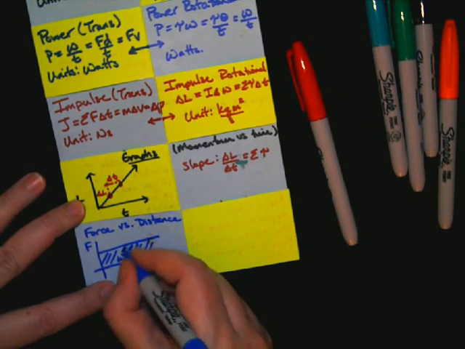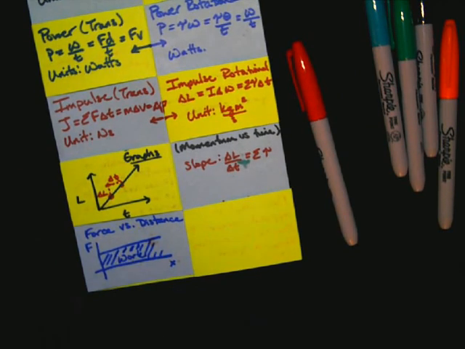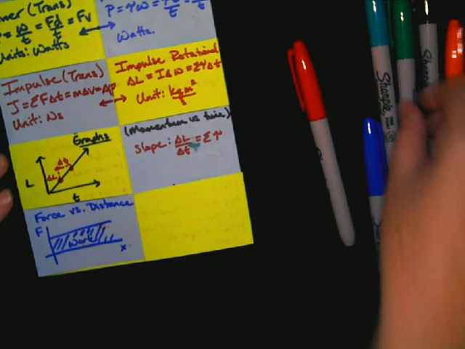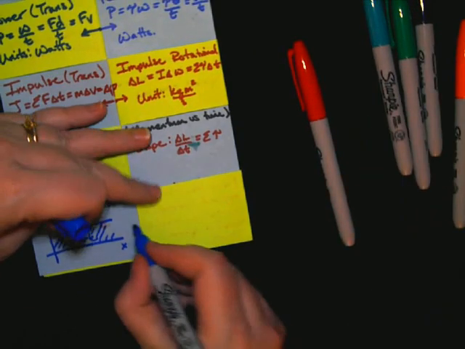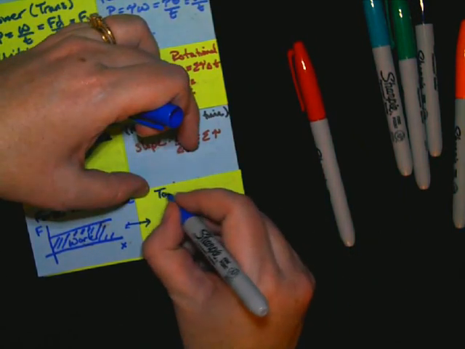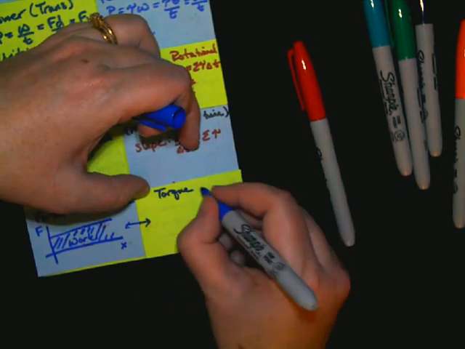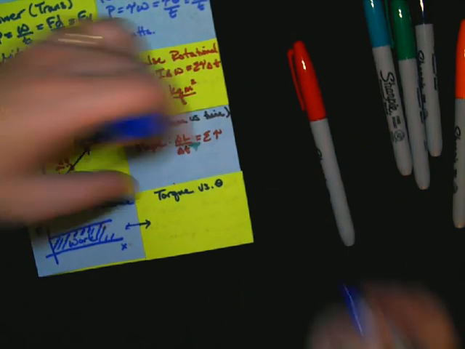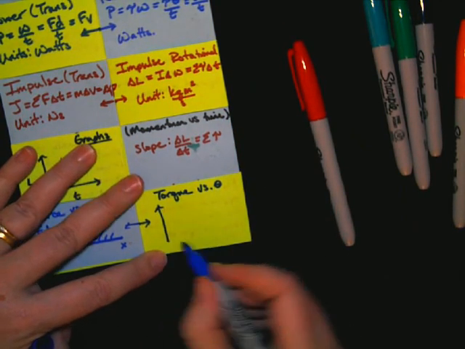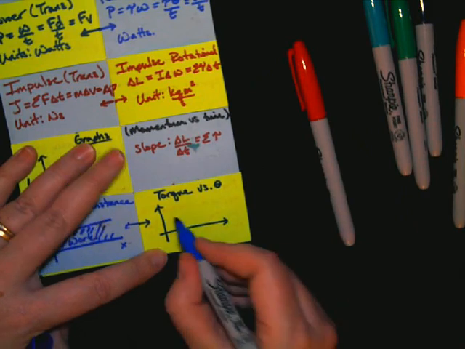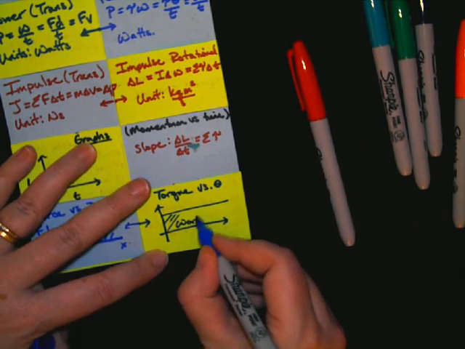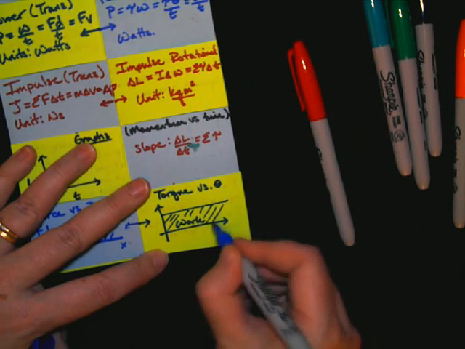So the question is, what happens when I do its analog? What about torque versus theta? And so, lo and behold, torque versus theta is still work, because it is just an analog of what we've seen before.